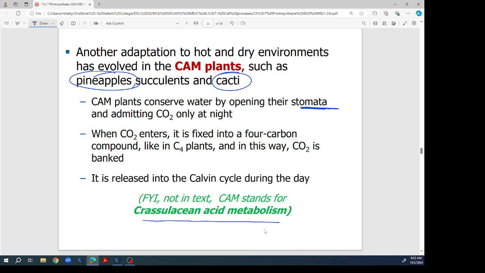So in a desert environment, they can open up their stomata at night when it's cooler, and so the carbon dioxide can enter then. And again, it's going to stockpile, this time into a 4-carbon compound like the C4 plants, but it's a different molecule. And so this molecule down here is crassulacean acid. And so again, it's banking the CO2. But this is a day-night thing.